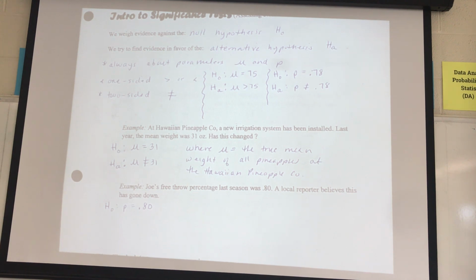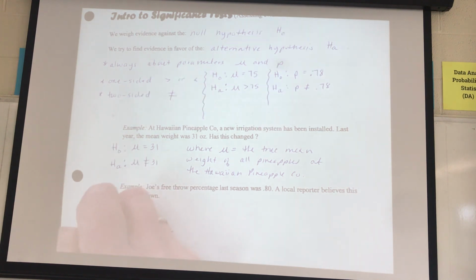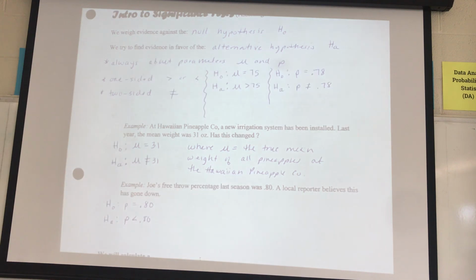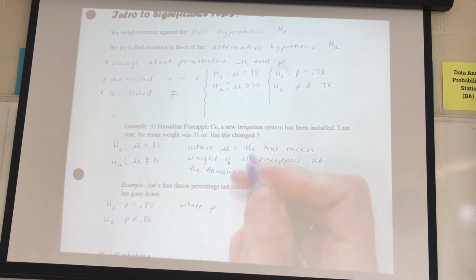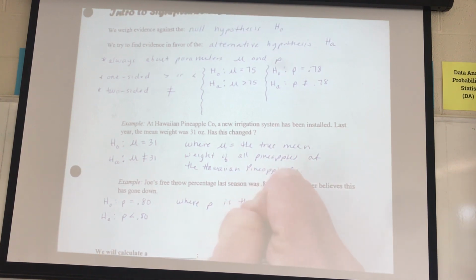The alternative is about the fact that the reporter thinks that's gone down, so the alternative hypothesis is that p is less than 0.80. And again, we define our variable, where p is the true proportion of free throws that he makes.